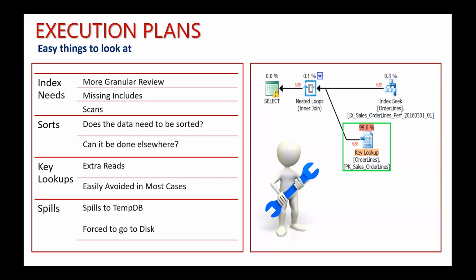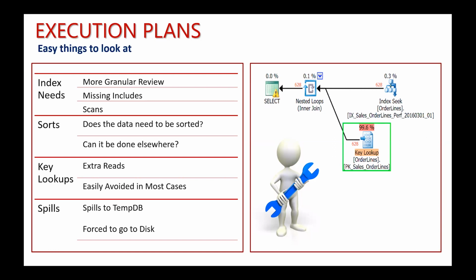Maybe the sorts are being done in a stored procedure for a report, and then the report is being sorted again 3 different times. So why are you wasting SQL Server's overhead in that sort? Look at these things. These are quick things that you can fix easily within your execution plans without having to have a ton of knowledge. Get your sorts out of there if you don't need them.